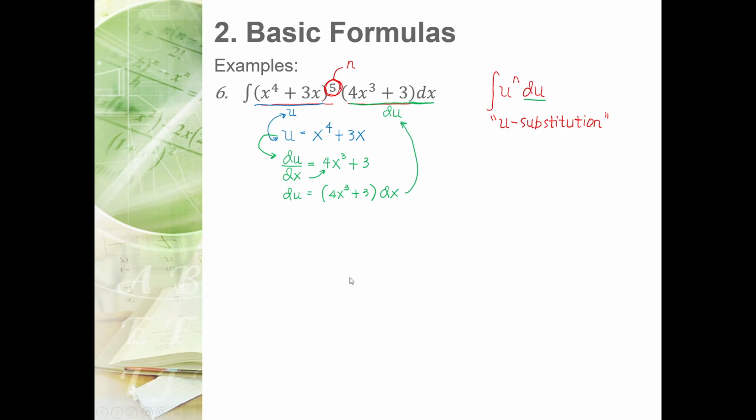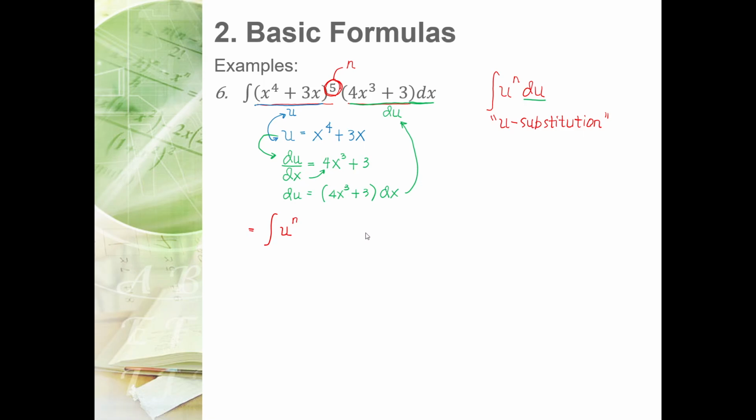So once everything has been replaced in the equation, di ba? So natay u, natay n, natay du. So we can now use the basic formula. Okay, so we have integral. So instead of this much stuff you have to deal with, so wala siyang u to the power of n.